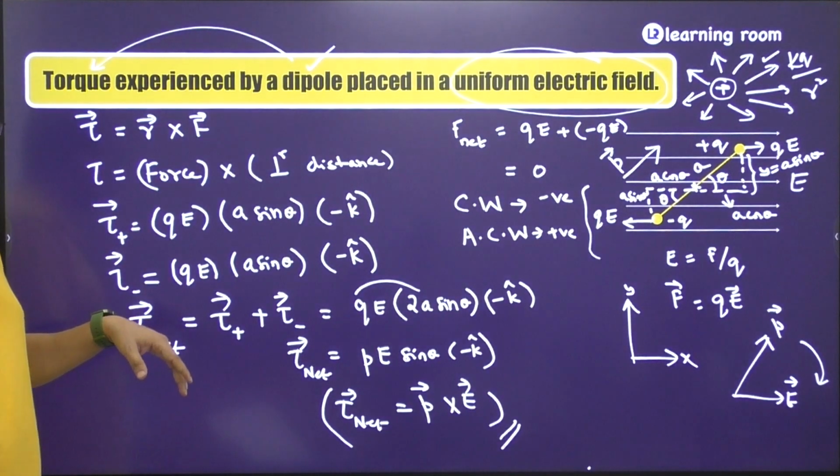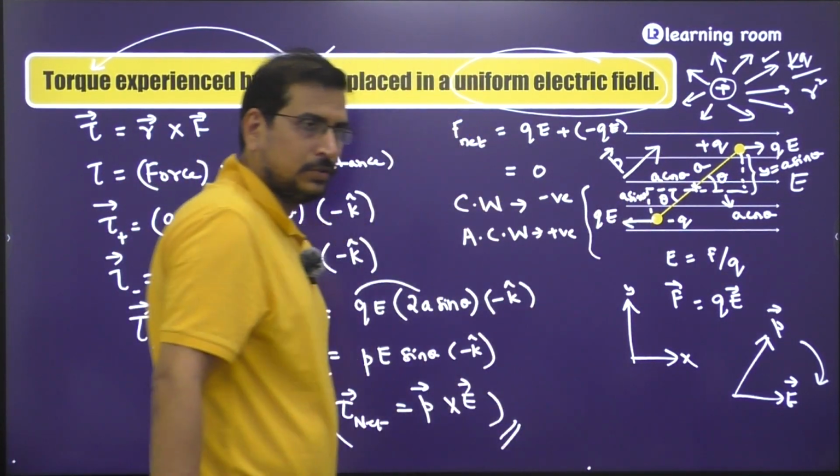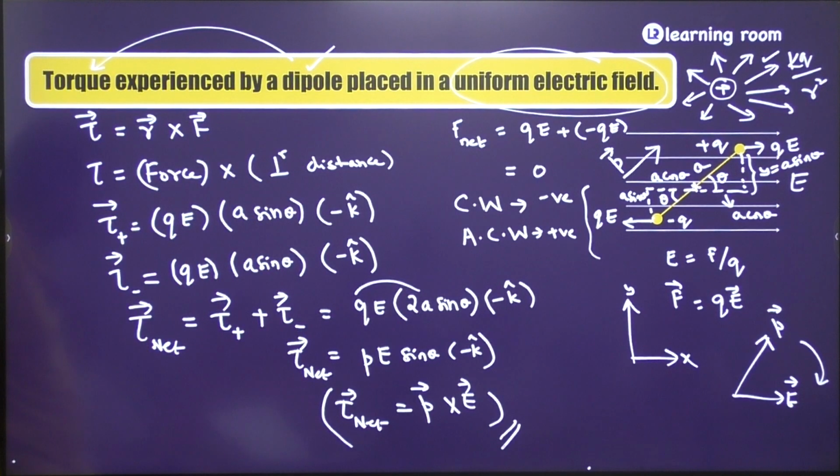When will it be k cap? Reverse the direction: take the positive charge here and the negative charge here. I'm not saying it is moving into the z axis; I'm saying the torque is acting in the z direction. That's what the screw rule says, as I showed you with the bottle. When you rotate it clockwise, it moves into the plane. That is the same logic here.